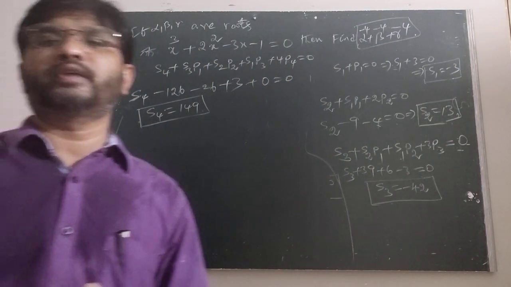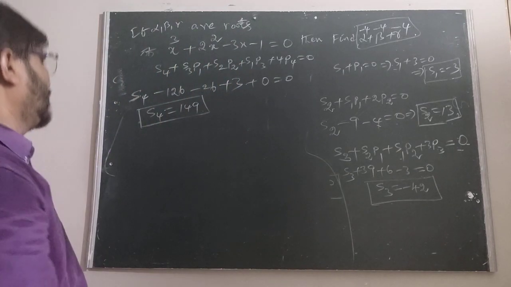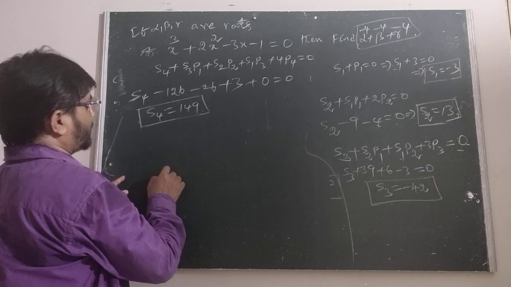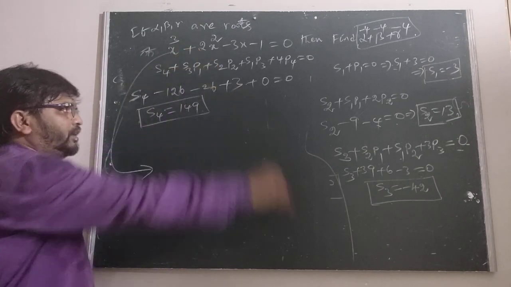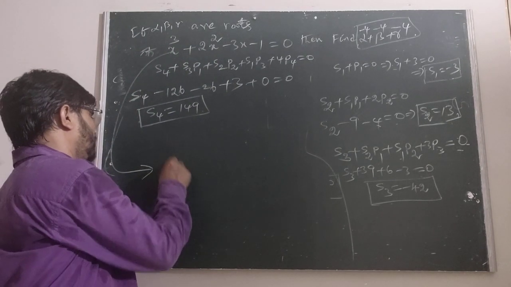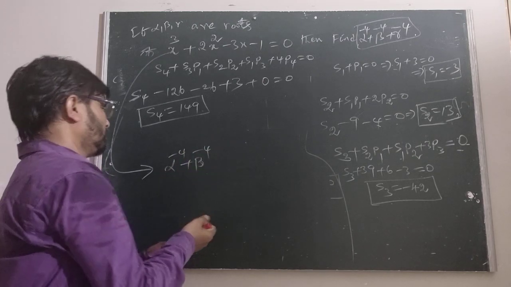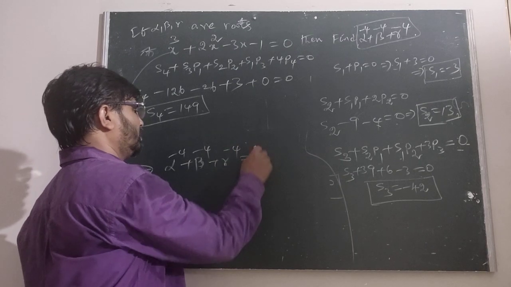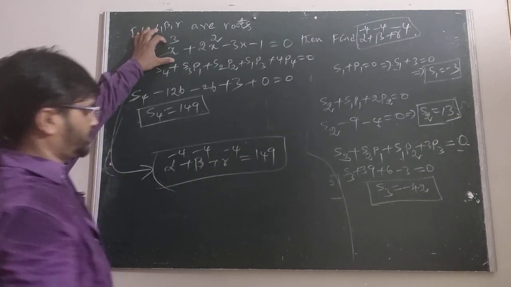Here S4 means alpha power 4, beta power 4, gamma power 4 of the transformed equation, where we replaced x by 1 by x. So alpha power minus 4 plus beta power minus 4 plus gamma power minus 4 is the value 149 for the given equation.